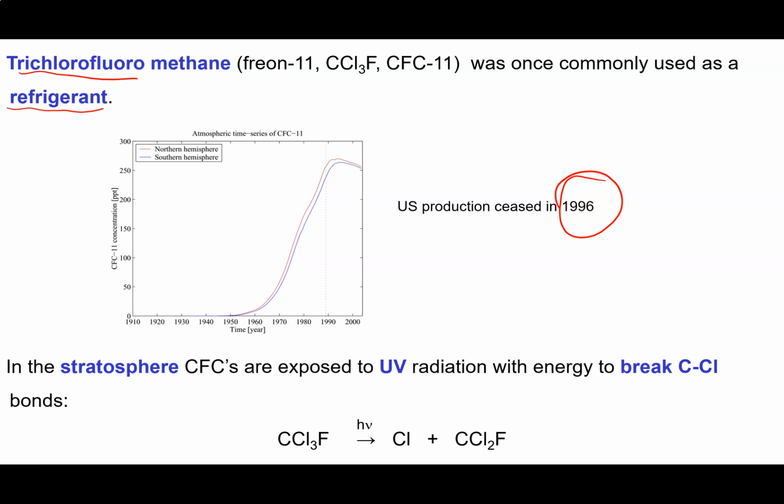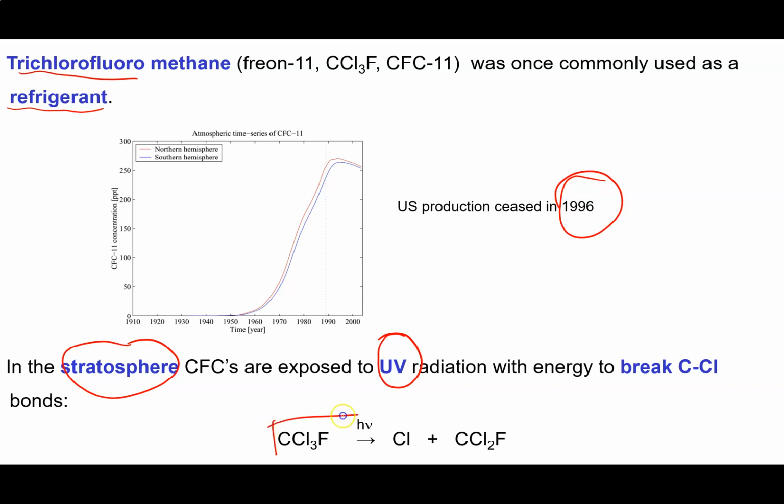Now there is a problem with this. Things that are chemically stable are not going to decompose very quickly, and as a result, this particular CFC would make it all the way to the top of the atmosphere chemically unaltered. When it got to the stratosphere, the concentration of UV radiation up there is very, very high, and it starts to break bonds within this stable molecule.